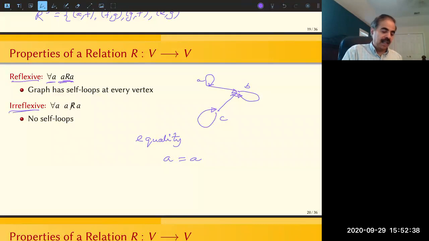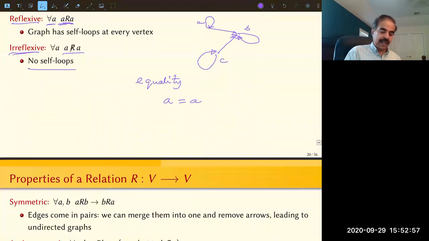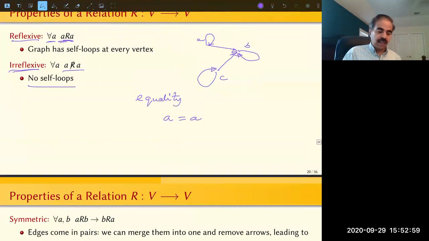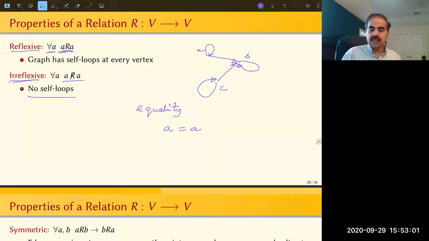And the opposite of reflexive is irreflexive, and irreflexive means that there are basically no self loops in the graph. So there shouldn't be even a single self loop, whereas if you say reflexive, then there has to be a self loop at every vertex in the graph. Any questions on this?